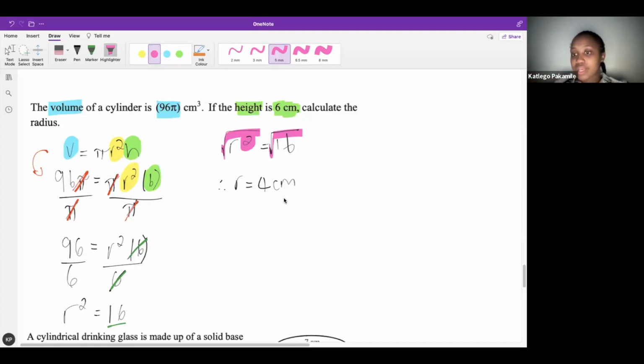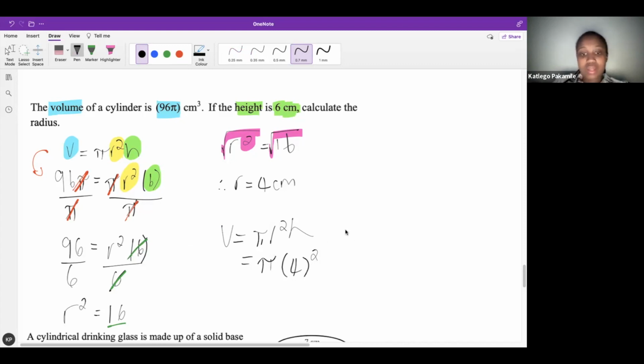Ma'am, I got 8 and it gives me 96 pi. How did you get 8? Let's substitute this back in. If volume equals pi r squared h, that'll be pi times 4 squared times the height, which is 6.